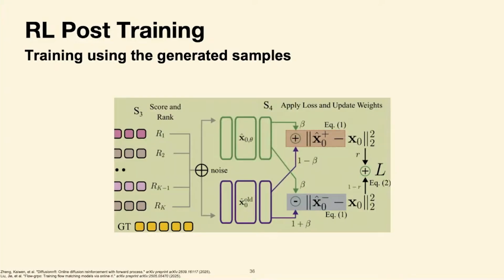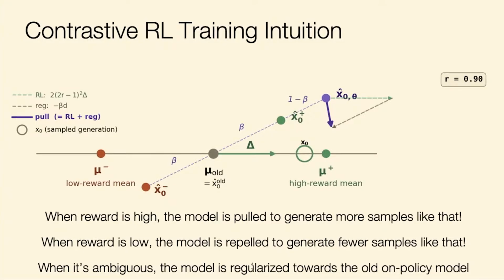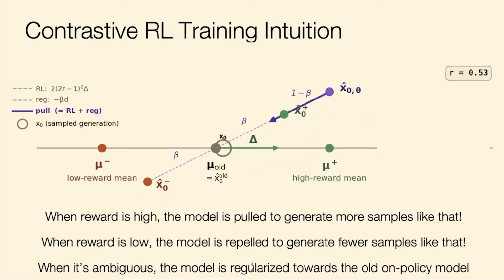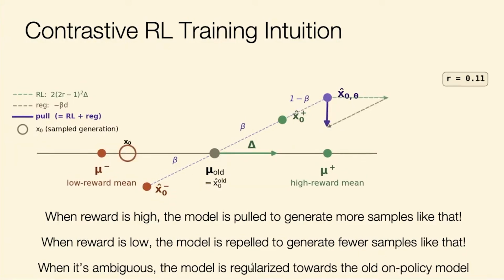And it says that, okay, the ones that are really good, generate more samples like that, and the ones that are really bad, don't generate samples like those. So you can imagine that if your sample has a high reward, this is your model, it's pulled towards this direction. If the reward is kind of okay, it's just set to stay at your old position. And if it's bad, it's being pushed away from it. So this works quite well.